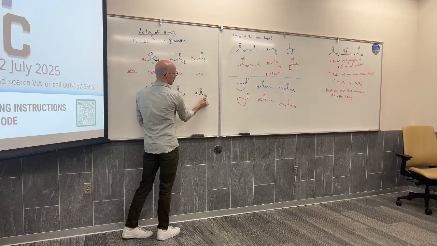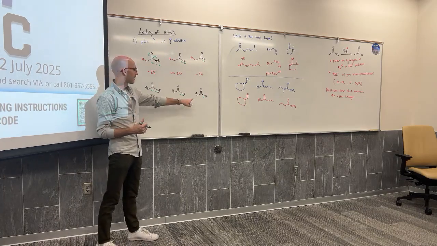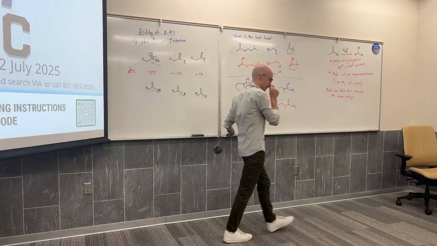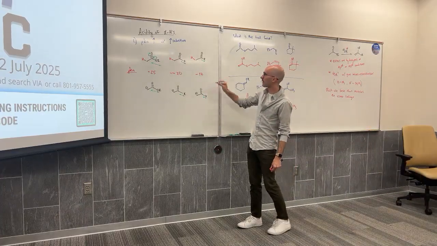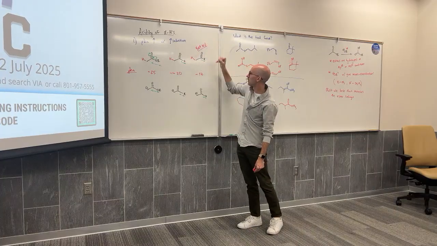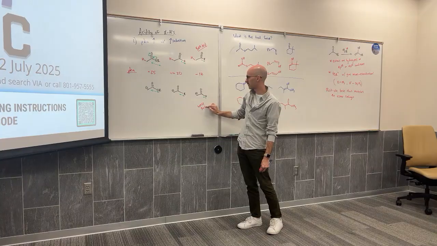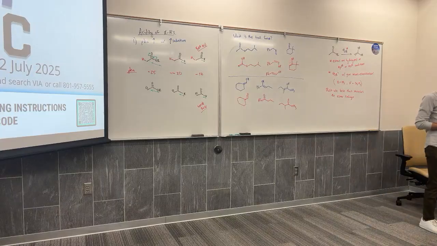Versus this hydrogen, which is not really pushing a lot of electron density, that's not very reactive. So we get the best acid and the worst base at our aldehyde's alpha position.